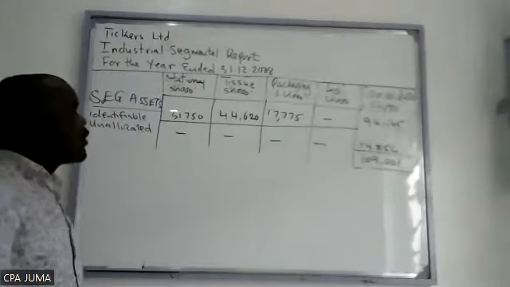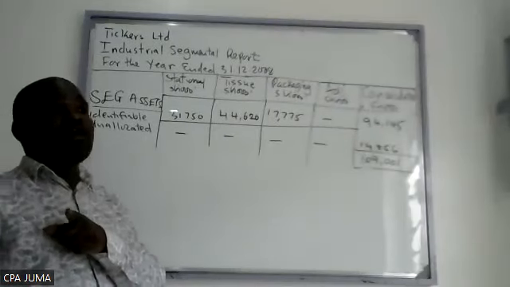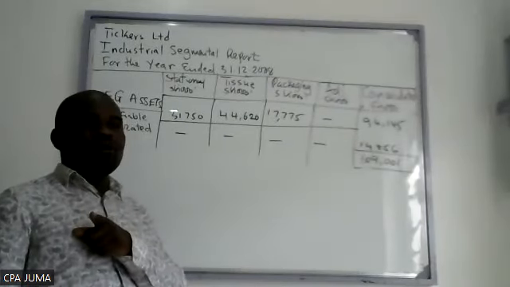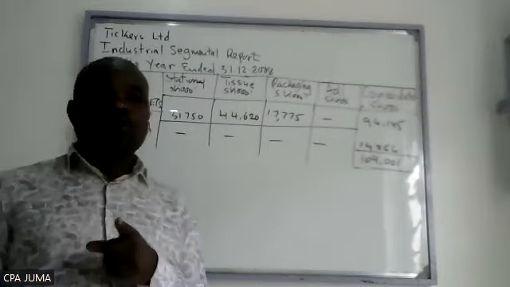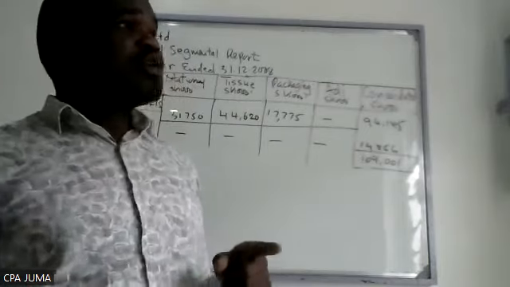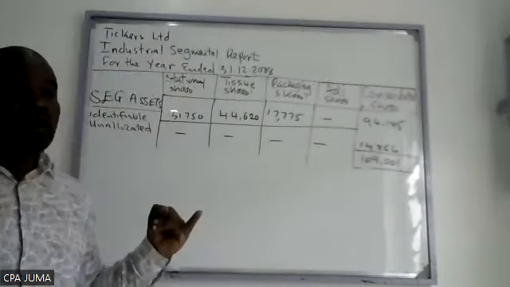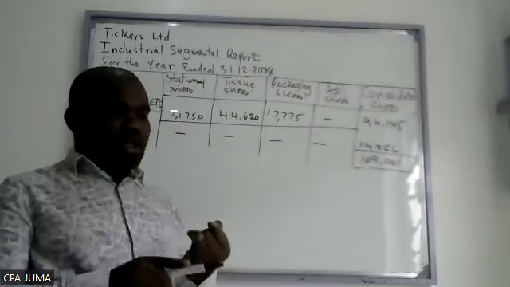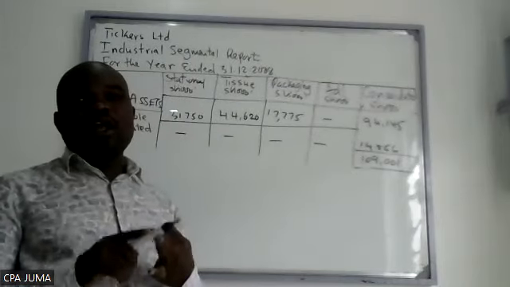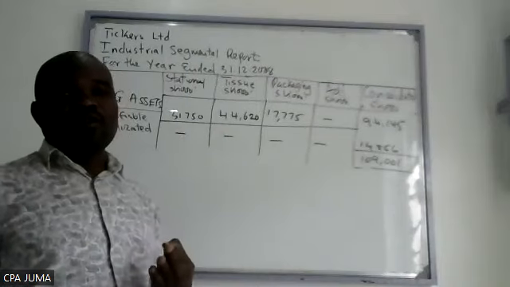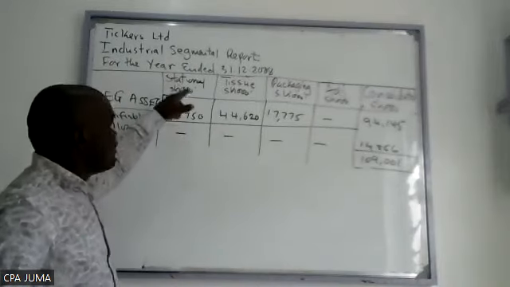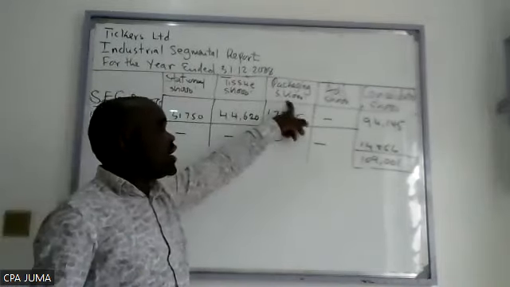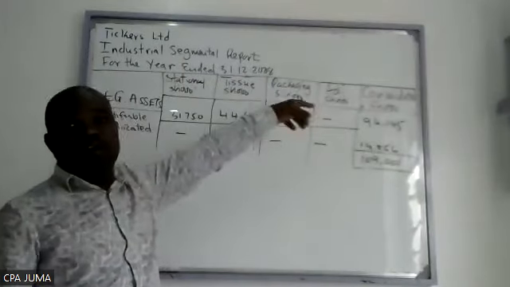So it means if you can do this, you don't have any problem with that one. Now, I want you to do the one for the geographical segmental report. I've seen UK. There are 3: UK, US, and other areas of the world. So you will have them here: UK, US, other areas, adjustment, consolidated.